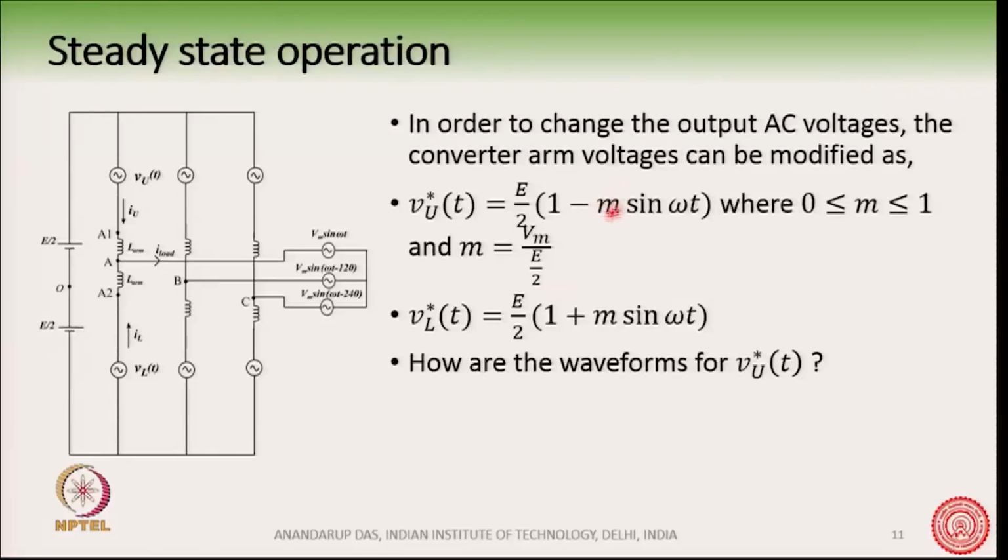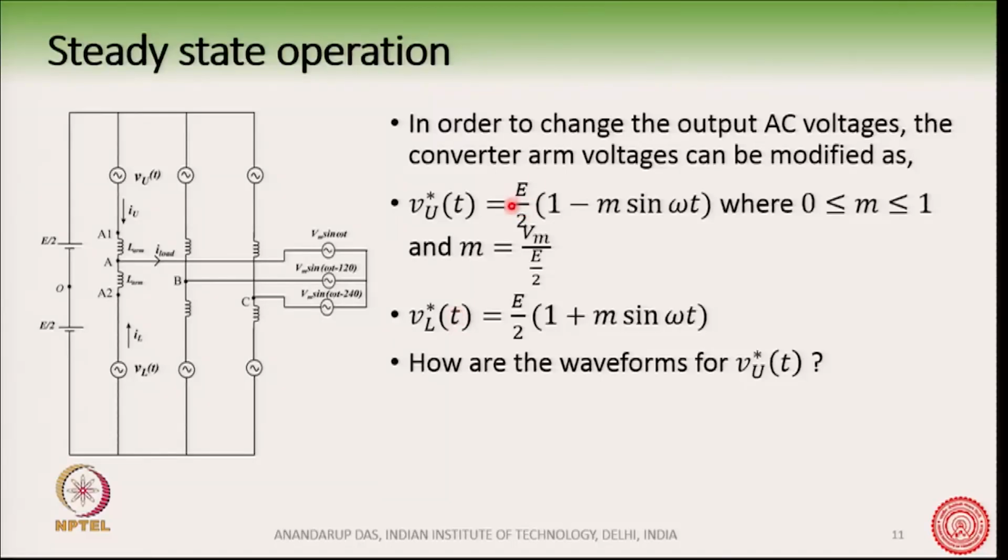So, here there was a V m. So, we have taken V m as a fraction of E by 2, okay, and are defining a new term, modulation index m, for the converter, which is V m by E by 2. Okay. And this is what the upper and similarly the lower voltages will look like.